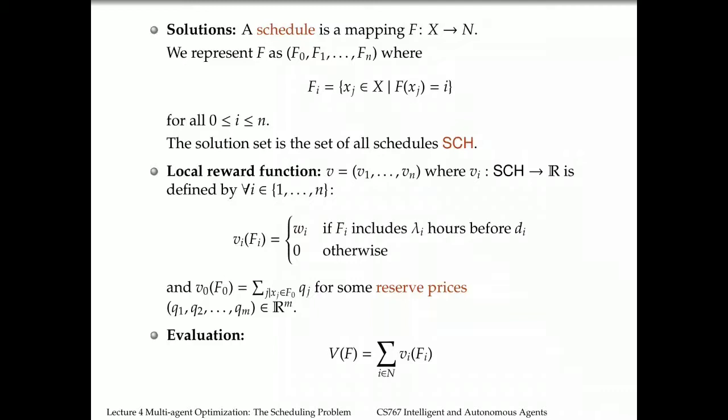So just like in the assignment problem, we can define the local reward function, which is a function that maps from the solution to the real numbers. And it's defined as follows.